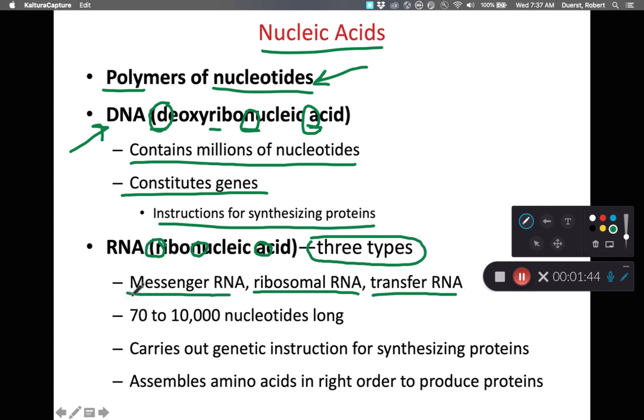As we look at RNA molecules, they tend to be much smaller, 70 to 10,000 nucleotides long, and they're going to carry out specific bits of information that we use for synthesizing proteins and then assemble the amino acids together to make the protein based on the information that was stored in the DNA.